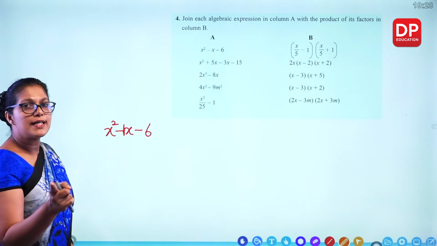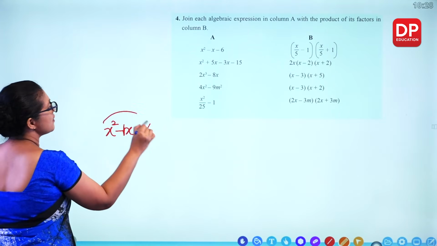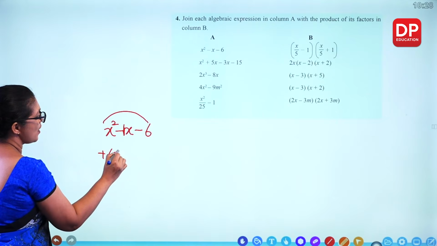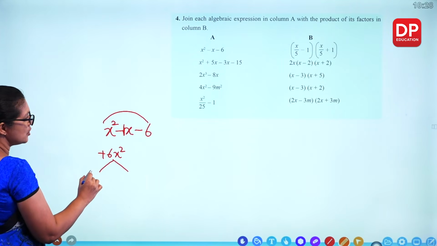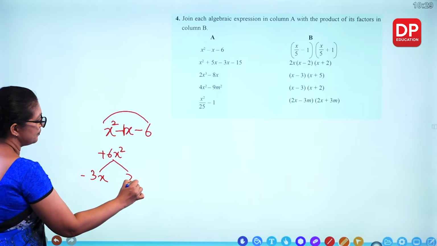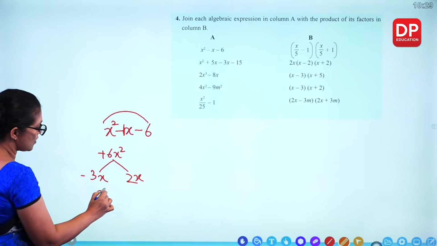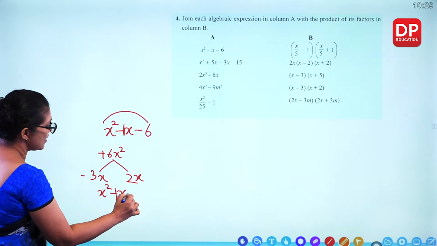The middle term is minus, which means the bigger factor is minus. So what are the factors? 6, 3 and 2. The bigger one is minus.